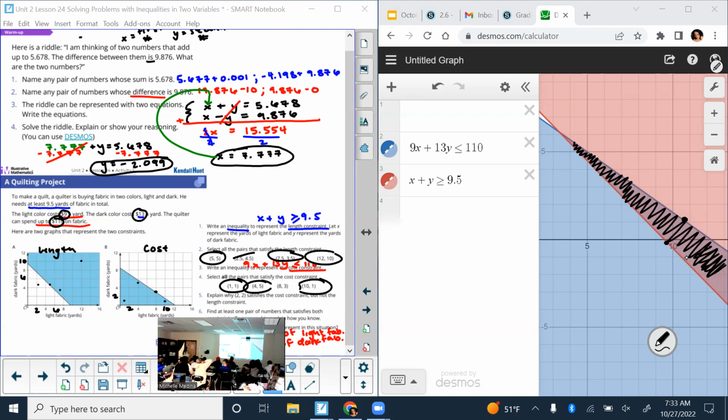Okay, so then actually do answer number 6. Find at least one pair of numbers that satisfies both constraints. You can use my visual on the board, you can type it into Desmos itself. But answer number 6, a pair of numbers that meets both constraints.